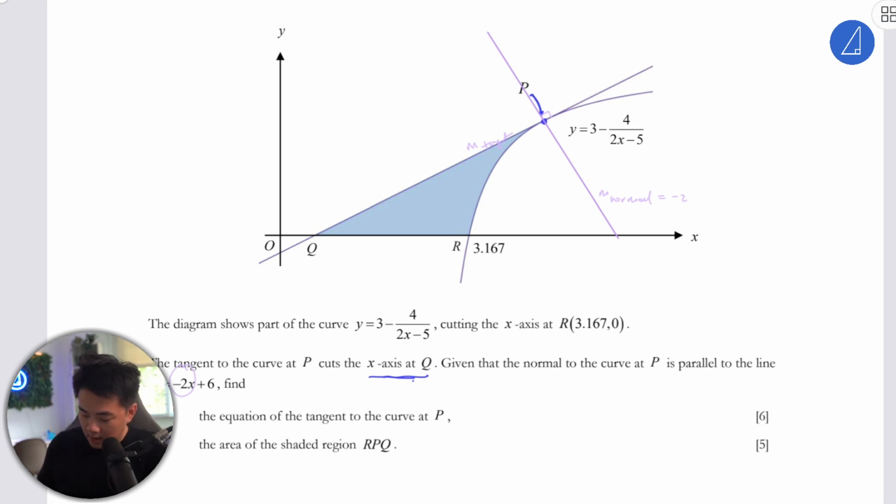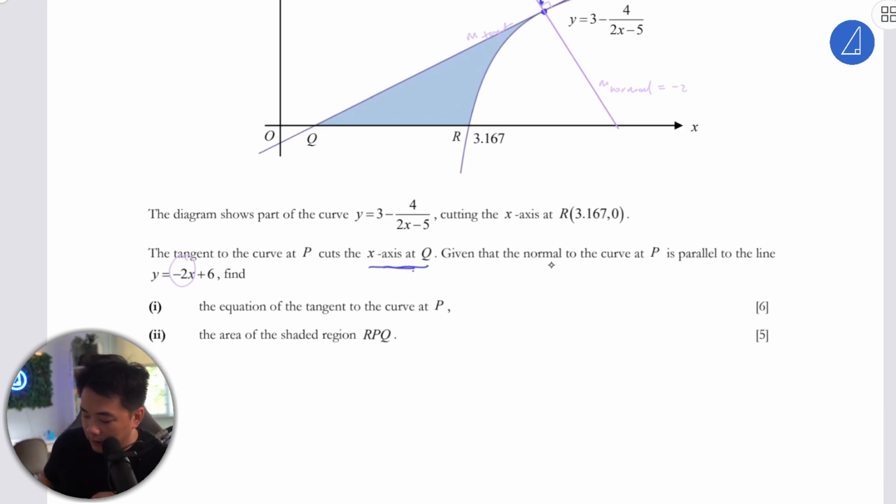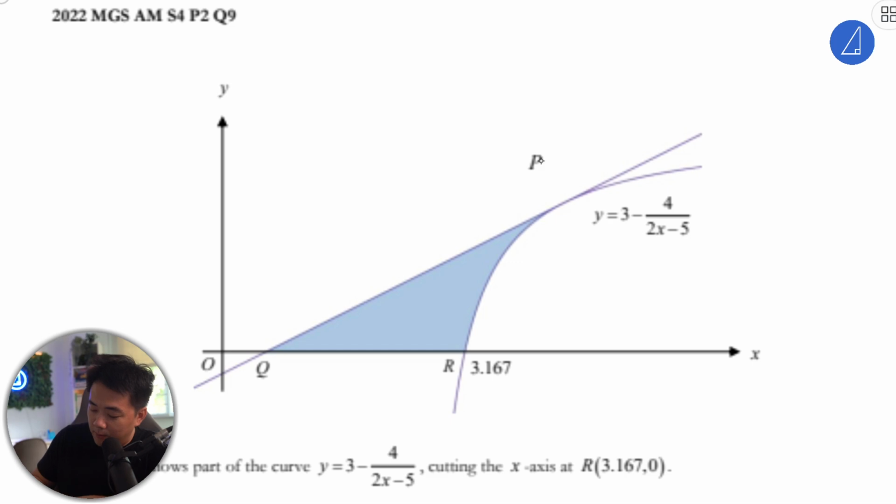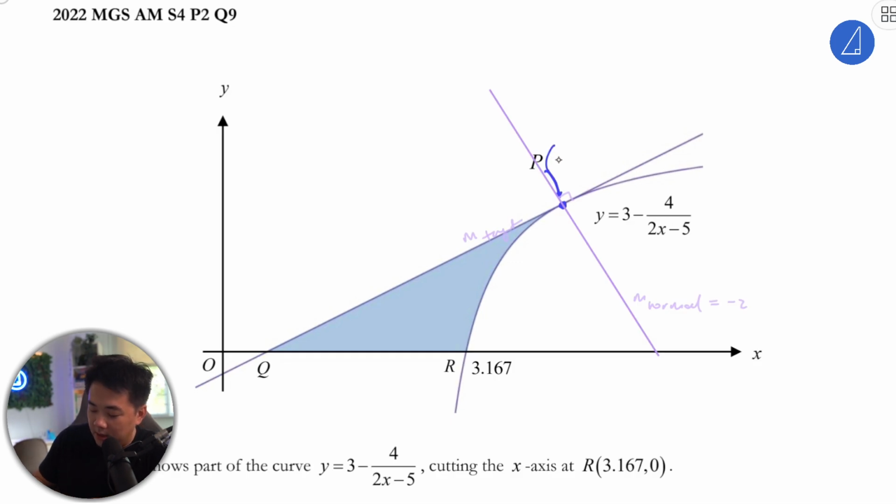Then, to find the equation of tangent at point P, let point P be (a, b), or rather (x, y). We can find the x coordinate of point P using the m tangent.